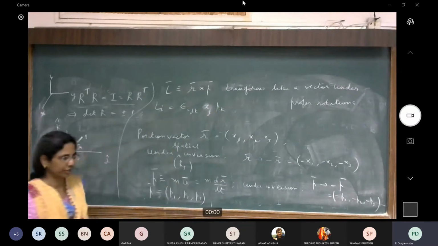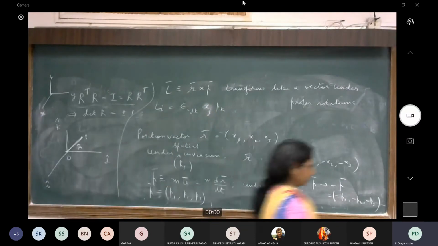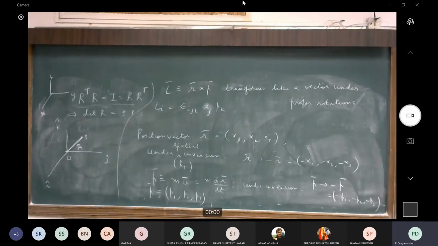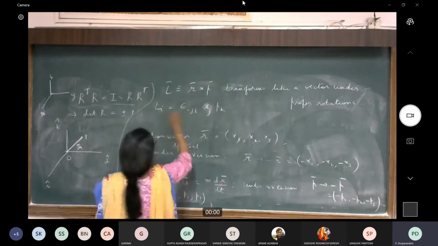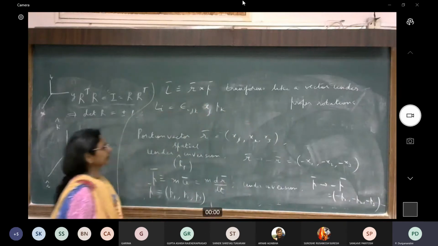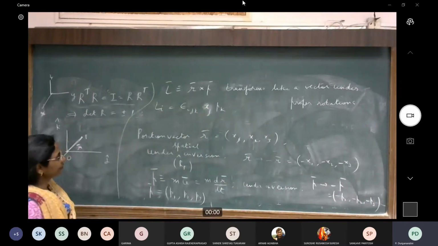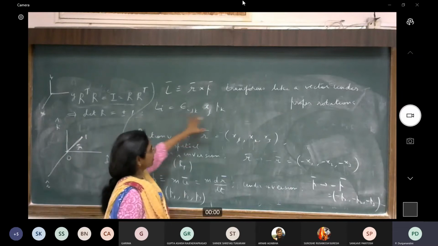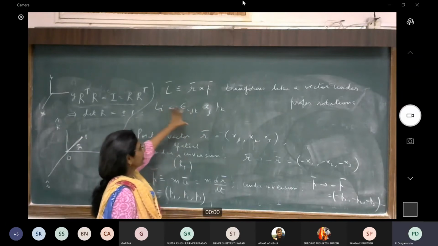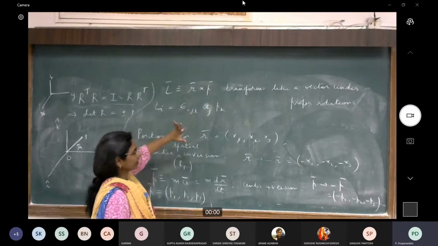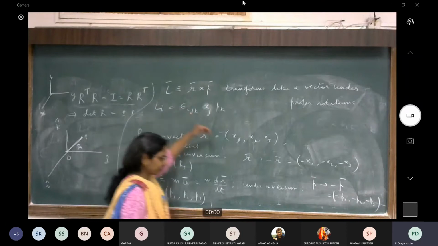Yesterday I told you that if I take the cross product of two vectors u and v, or a and b, then I can use the epsilon ijk tensor to write it. So in particular for the angular momentum, you can write it like this. What we saw yesterday was that under proper rotations, convince yourself again if you're in doubt, this transforms really like a tensor of rank 1.